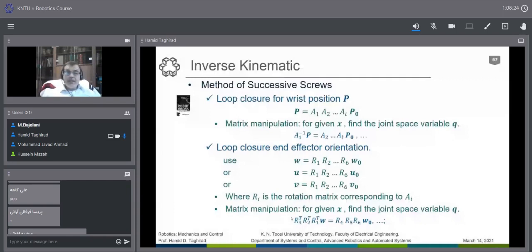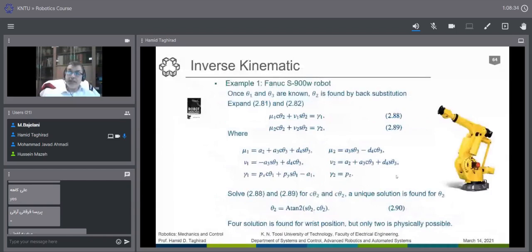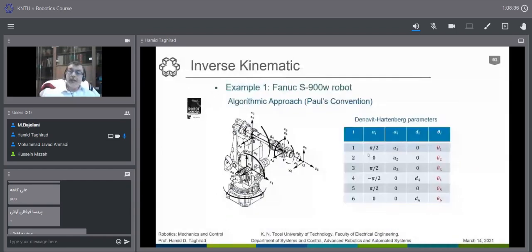This means that the method of thinking is the same as we did for the P-pair. You should work on this problem quite extensively. You should look at the book, the details, and also the slides, what we did here. But here, instead of using the Denavit-Hartenberg transformation, we use the screw transformation.